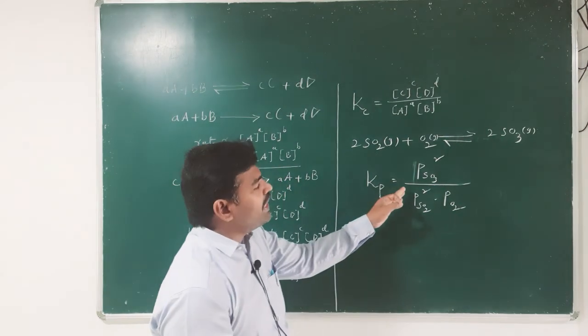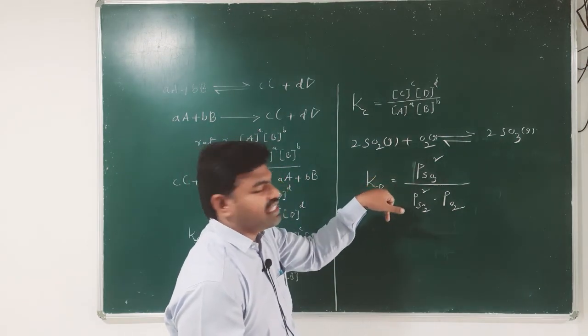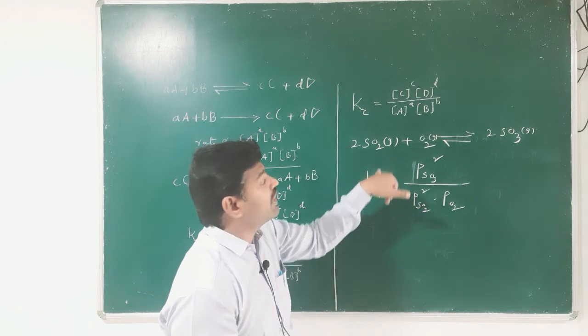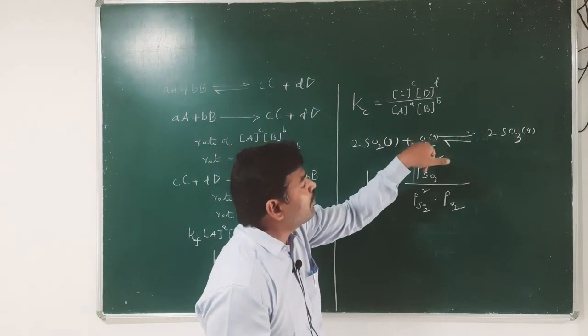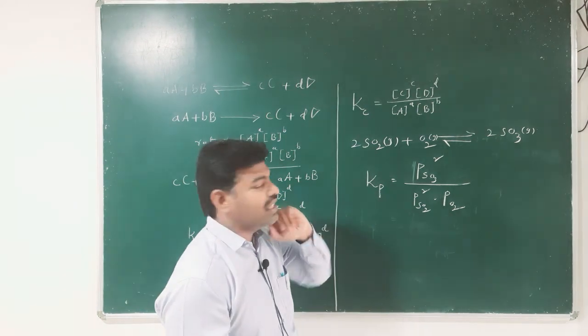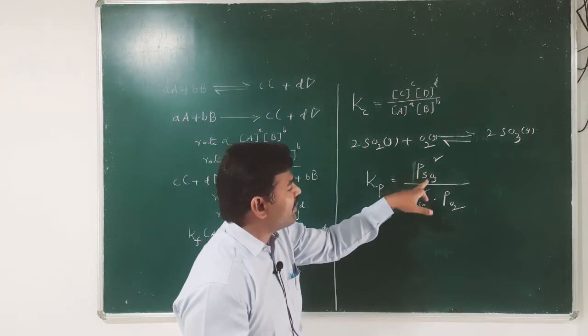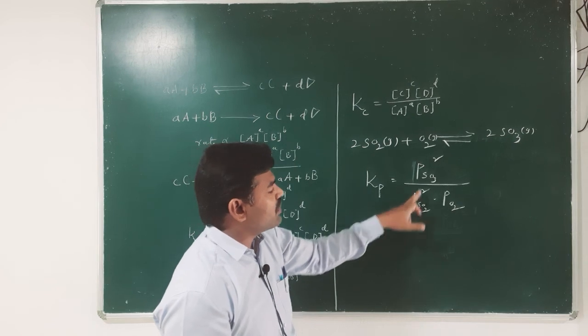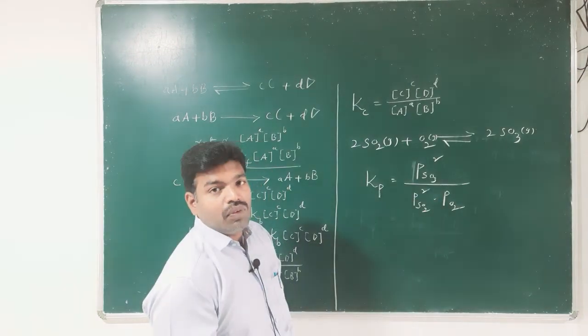This is the way to write the equilibrium constant for reactions in the gaseous phase. So, Kp is equal to partial pressure of SO3 squared by partial pressure of SO2 squared and partial pressure of O2.